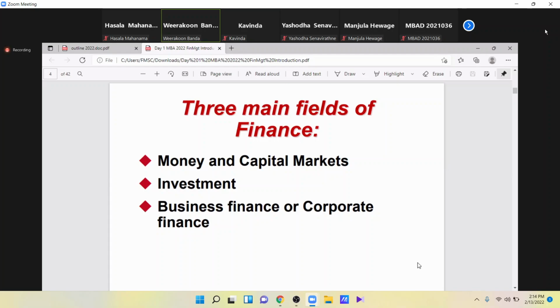Then another one is business finance or corporate finance. Retail business, wholesale business, manufacturing companies, enterprises, corporations, partnerships, any kind of business activity is concerned under this third category, business finance or corporate finance. Your target is to earn some profit, to earn some value additions.